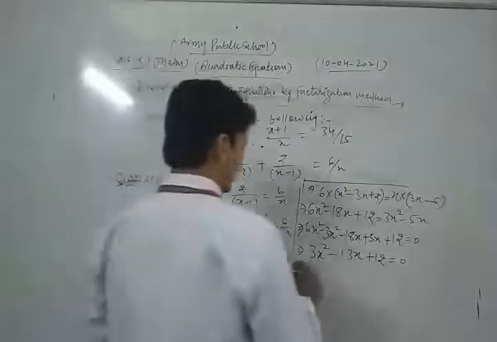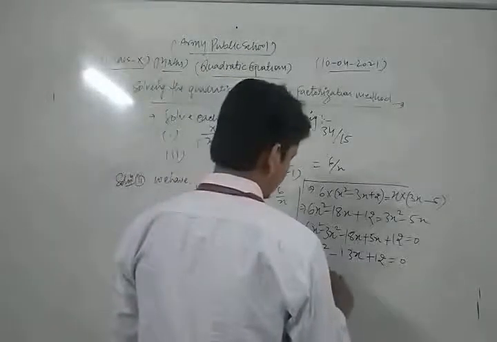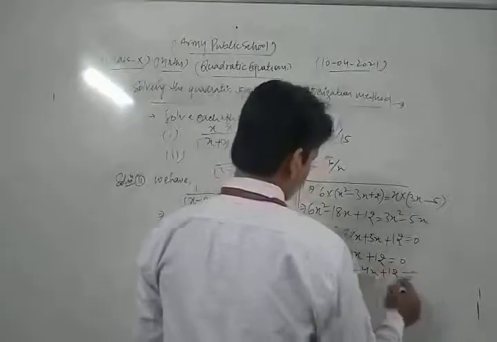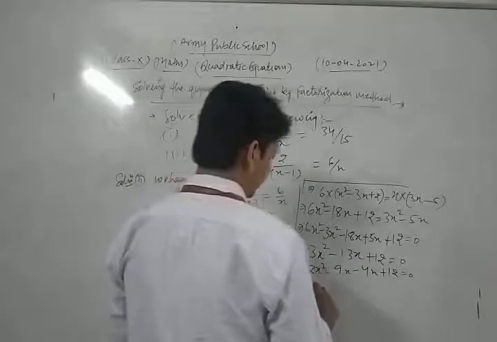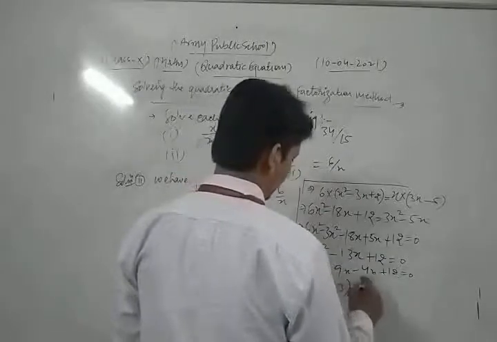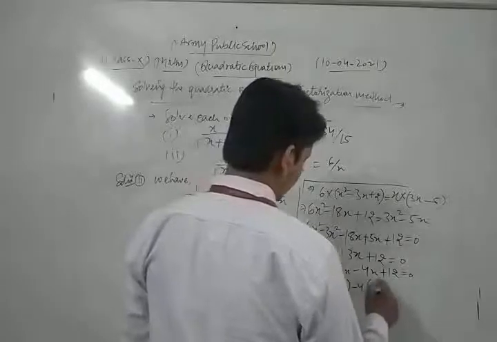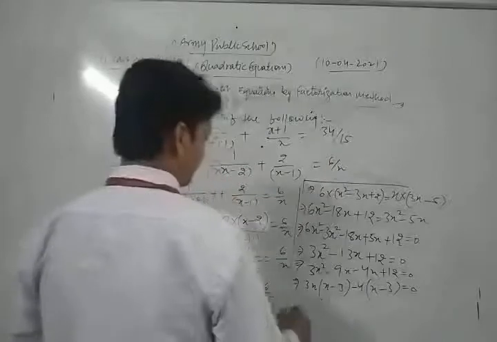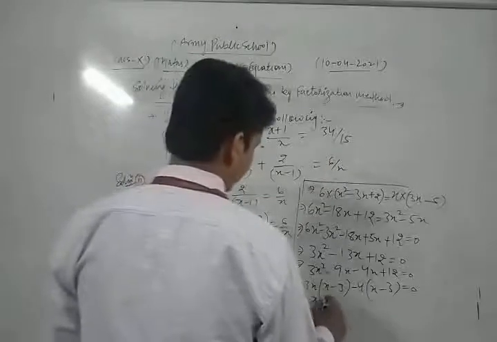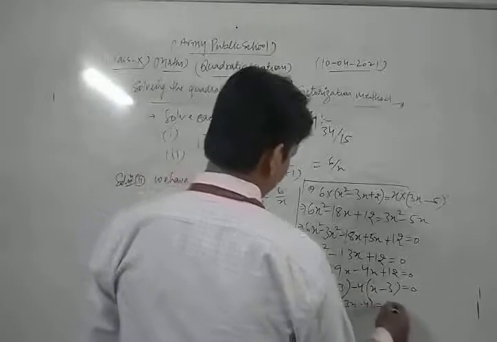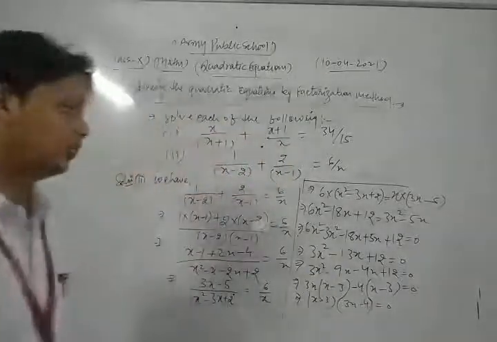So we write minus 9x minus 4x plus 12 is equal to 0. Now we take 3x as common, so we get x minus 3. And here minus 4 is common, so x minus 3, since minus 4 times minus 3 is 12. Now we have x minus 3 in one bracket and 3x minus 4 in another bracket.